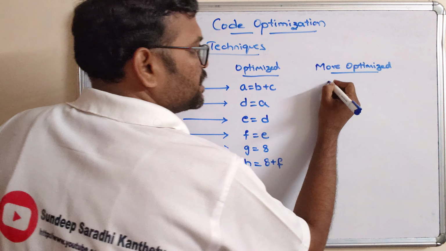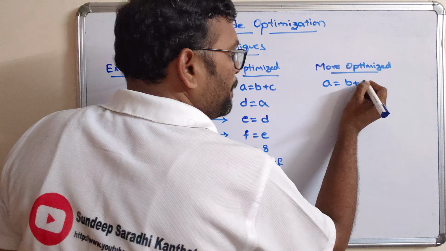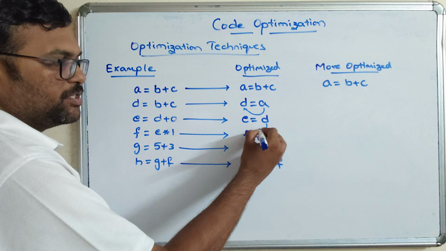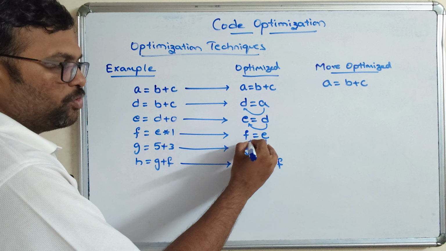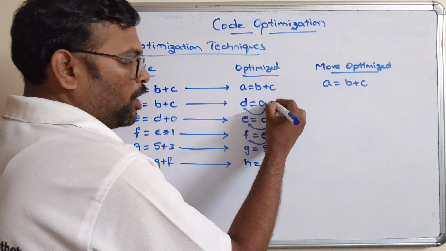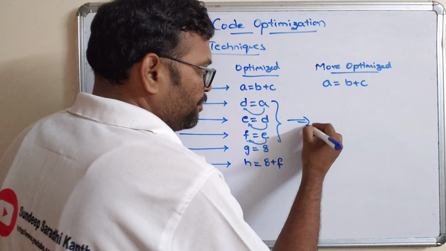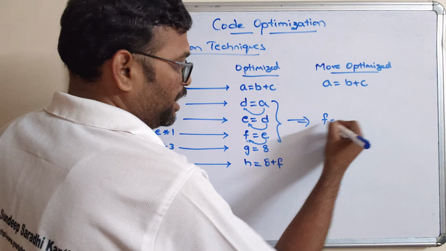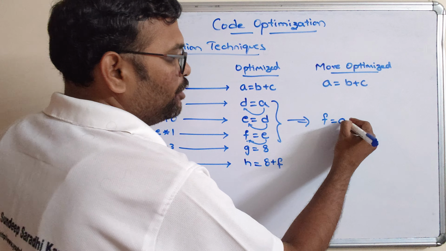The first statement is a is equal to b plus c, and a is stored in d, d is stored in e, and e is stored in f. So obviously f consists of a value only.